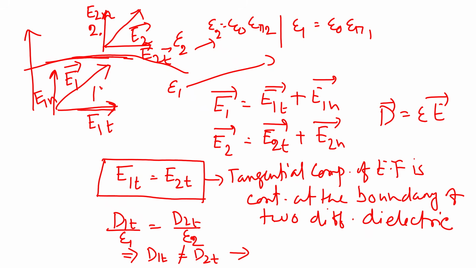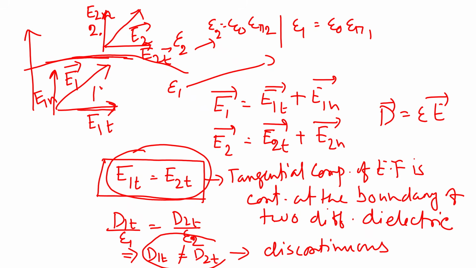So at the boundary of two different medium, they are discontinuous. What we have learned from this slide is that the tangential component of electric field will be continuous at the junction of two different dielectric medium, and the tangential component of electric flux density will be discontinuous between the boundary of two different dielectric medium.